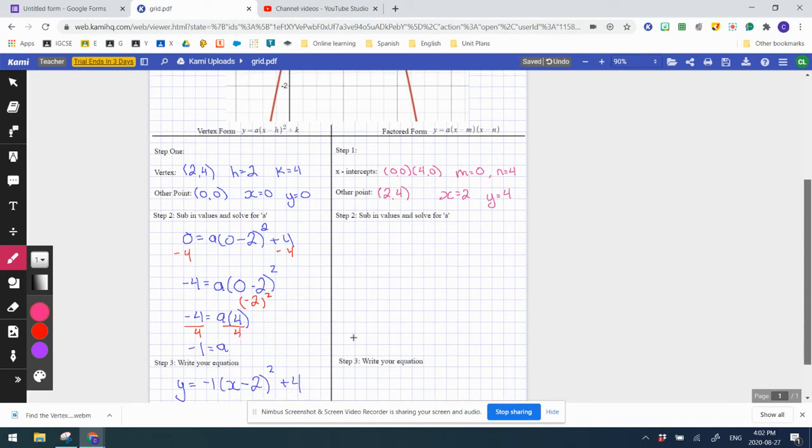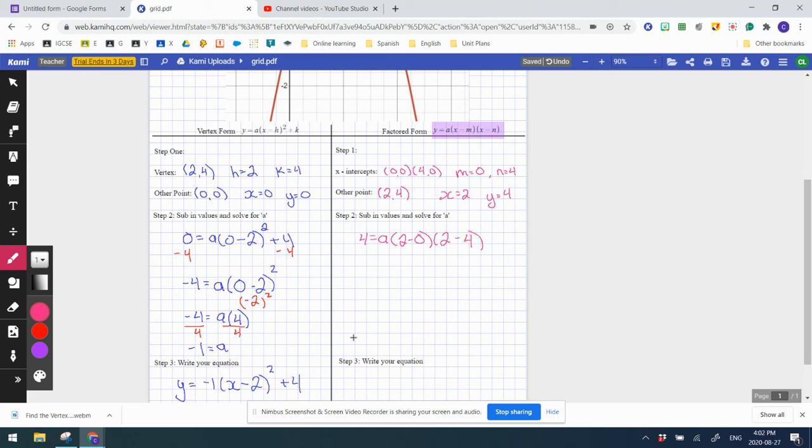So now we are going to take this and we are going to sub it into our equation up here. So we have y is equal to 4. So we have 4 equals a, which is what we're solving for, so we're going to keep it as a, times x, which is 2, minus my m, which is 0, times x, which is again 2, minus my n, which is 4.